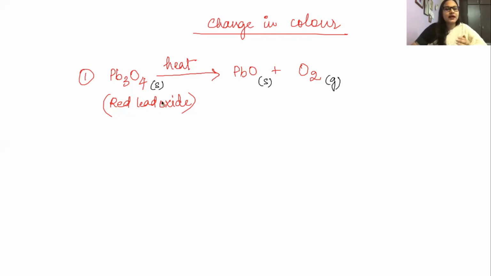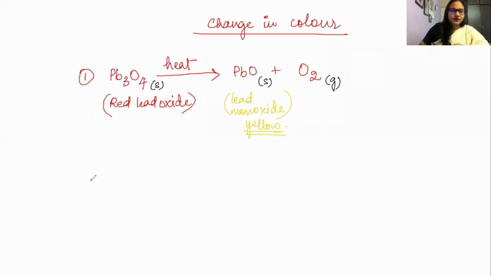On heating and forming lead monoxide, the name of this compound is lead monoxide, this lead monoxide is a yellow color solid. Clear? So here we would clearly see a change in color from red to yellow.